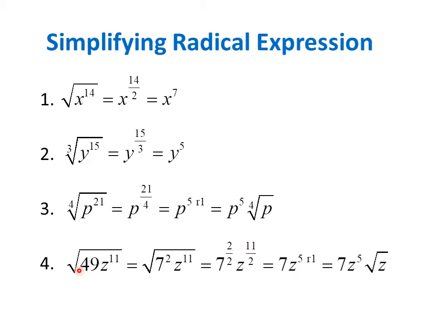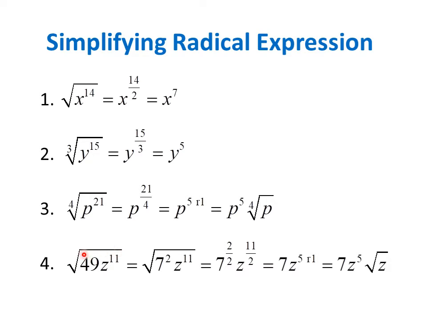Next, we have the square root of 49z to the 11. In this case, we have a number 49 and a variable. We have to consider the number and the variable separately, and we divide the exponent of each number or variable by the index.